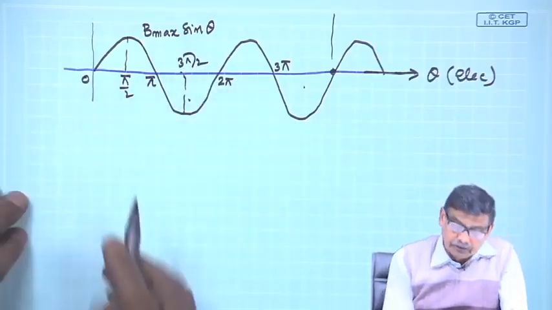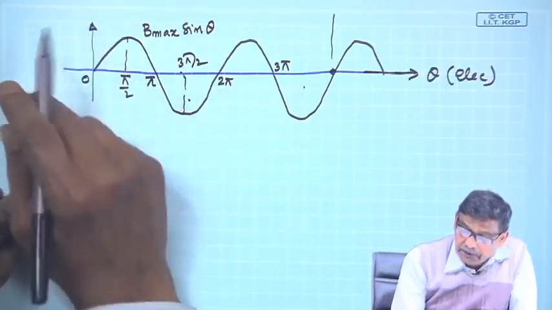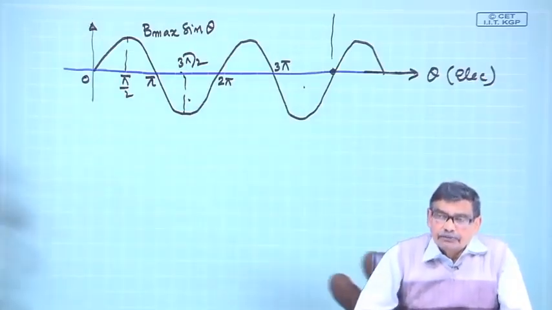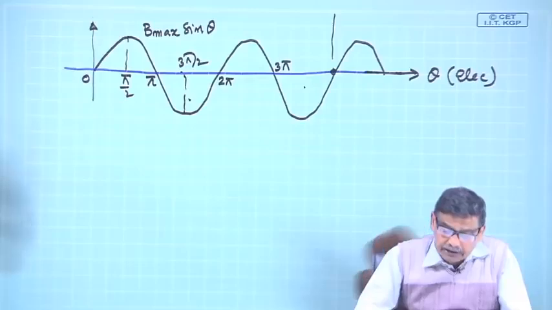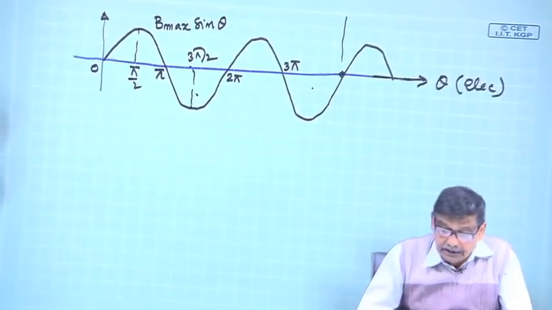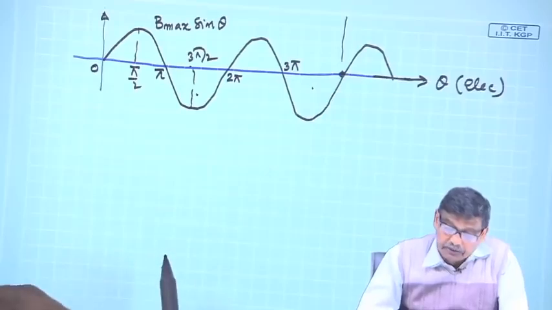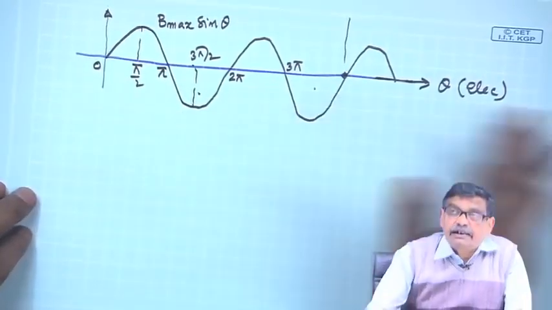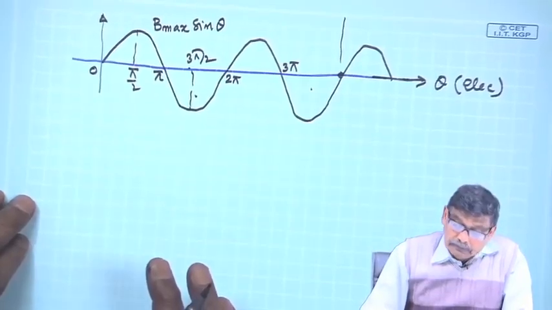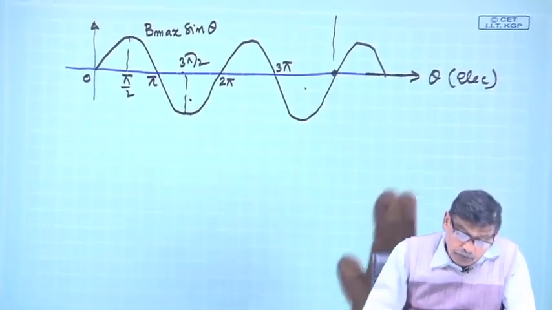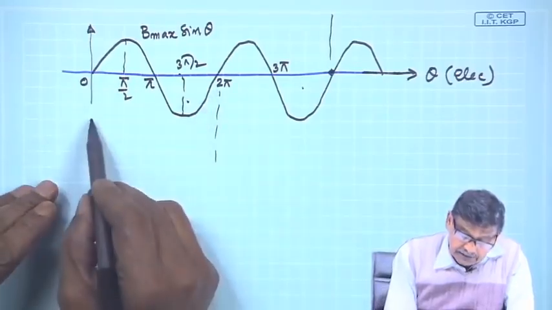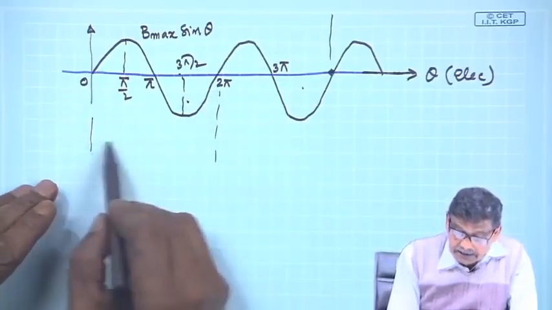Is that clear? Whenever you show the B distribution, because you do not know whether it is a 4 pole machine or 2 pole machine, it is better to show it in terms of electrical degrees, which will give you a true picture. If it is a 4 pole machine, you know this is 720 degree.